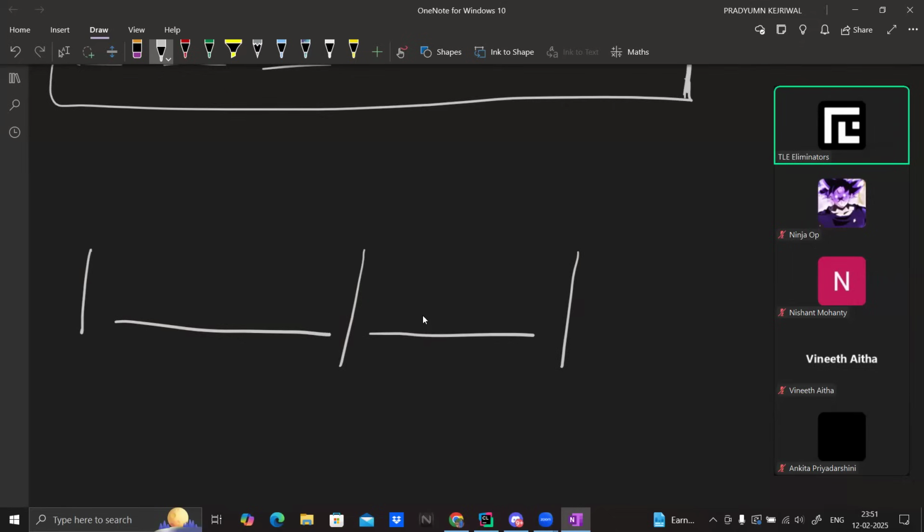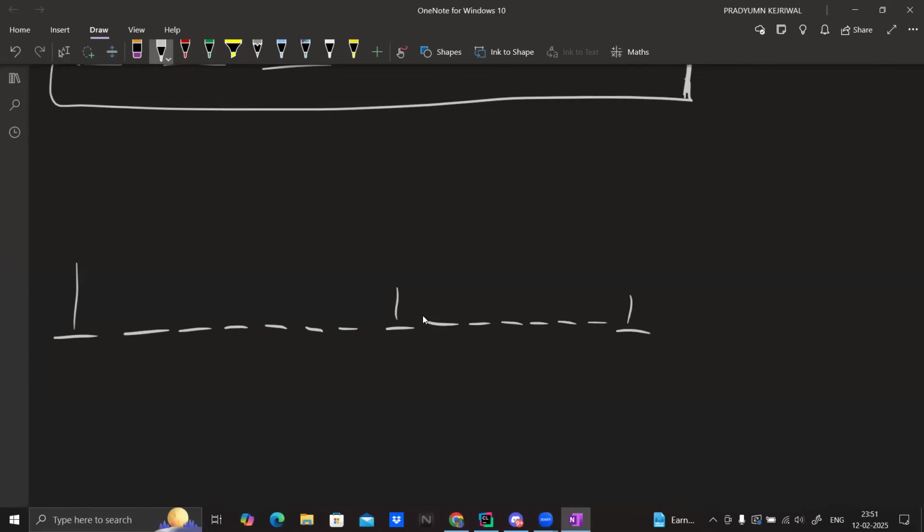Actually, this is not just one blank space, it is a series of blank seats. So basically the introvert who comes will sit in either this gap or this gap, right?